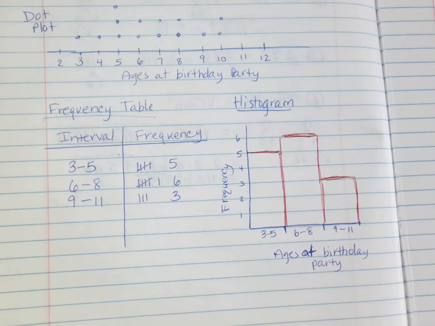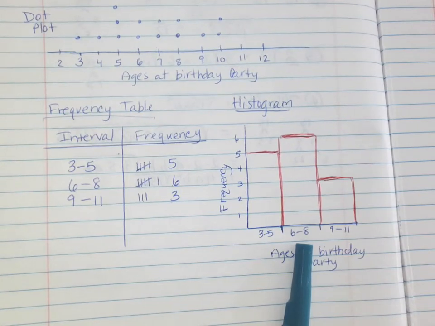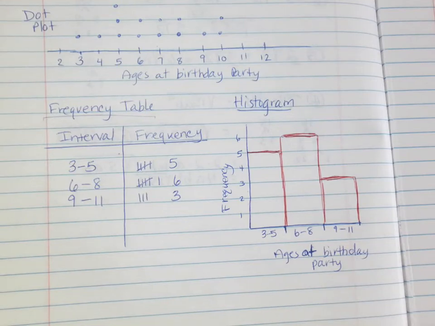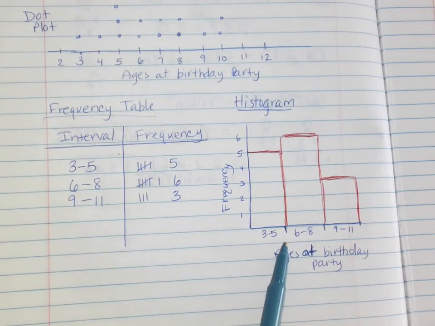And you can see where most of your frequencies occurred, which would be 6 to 8. So there's different ways of looking at it. You could look at how spread out your data is and so on. But that's a basic histogram, and you need a frequency table to make a histogram.